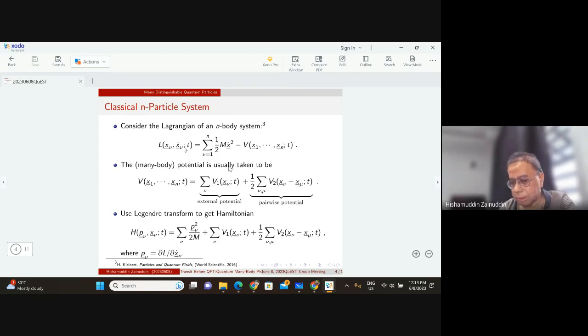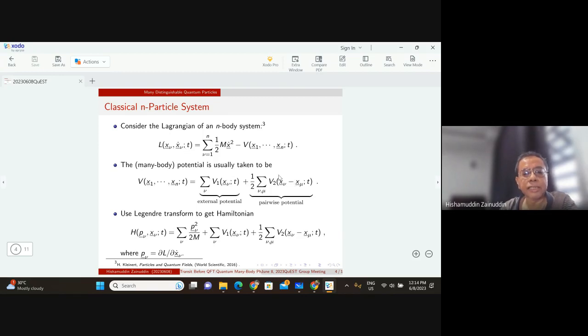that is usually taken, in most of the physics that we tend to analyze anyway, would be just a single body potential, which one considers as an external potential, or you can have a pairwise potential that involves two particles, involves the coordinates of two particles.